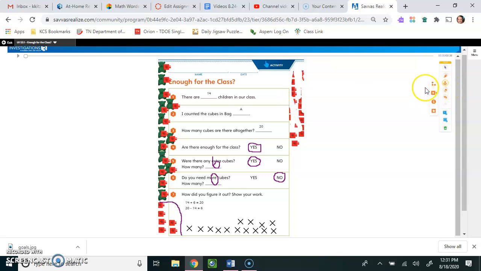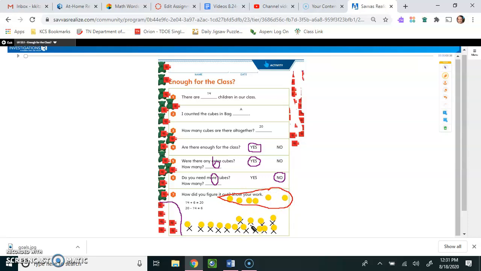I'm going to use X's for my people this time, and I'll just use counters for the cubes. 1, 2, 3, 4, 5, 6, 7, 8, 9, 10, 11, 12, 13, 14, 15, 16, 17, 18, 19, 20. So you might have shown it that way. You might have drawn out your counters or your cubes first and then handed them to people.